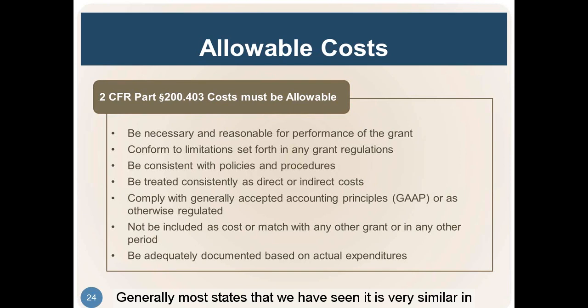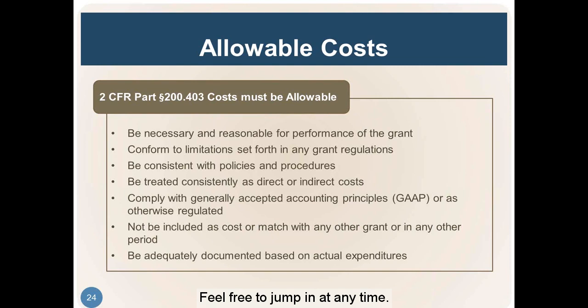Generally, most states that we've seen, it's very similar in terms of allowable, reasonable, and allocable. And some of those costs are very similar. The big difference is usually in the dollar limits on specific cost principle items. But for the most part, most of the states we've seen, it's very similar, but you will want to refer to those. But this is the only federal guidance that we have. I'm sorry, I meant to mention that earlier. No, that's great, thanks. So feel free to jump in anytime.